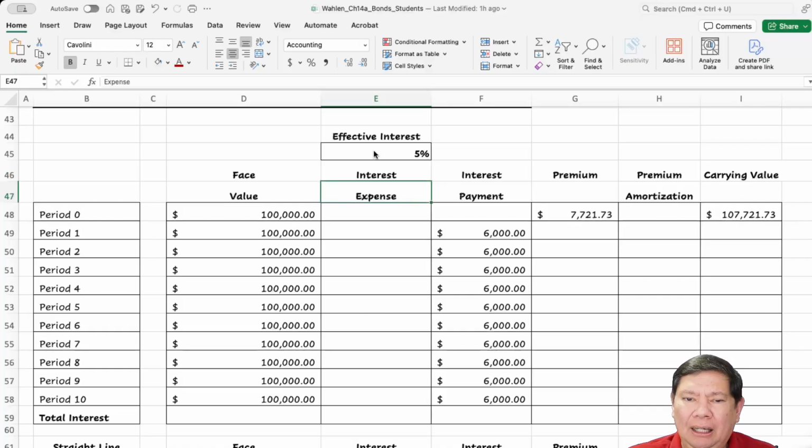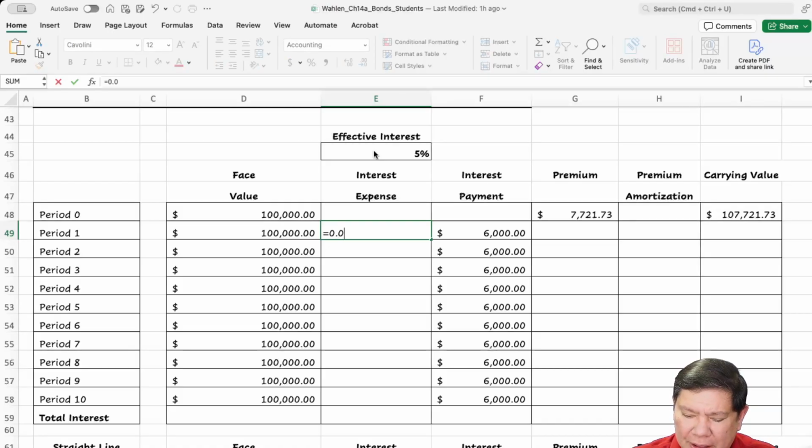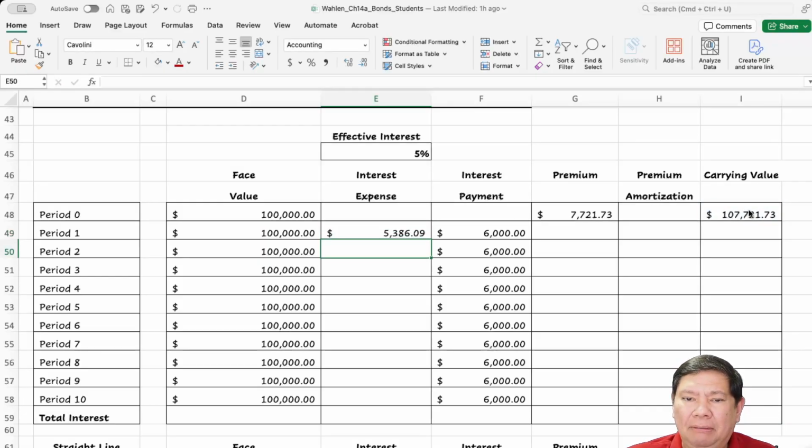First we calculate the interest expense, which is 0.05 times the carrying value, 5,386.09.